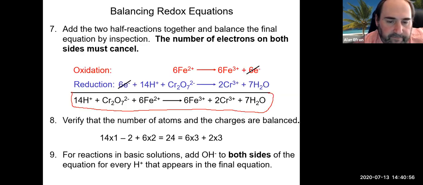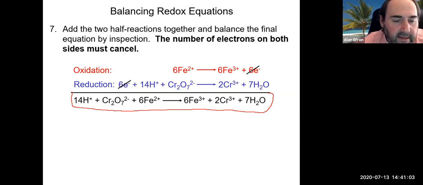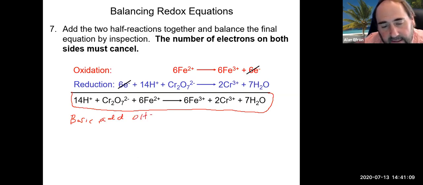So just to show you that, if we were going to do basic, I'll just use this empty spot here. If we want to do basic conditions, we need to add OH minus to both sides equal to the number of H pluses we have.